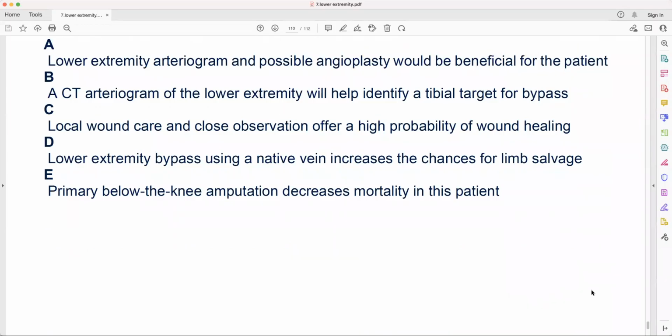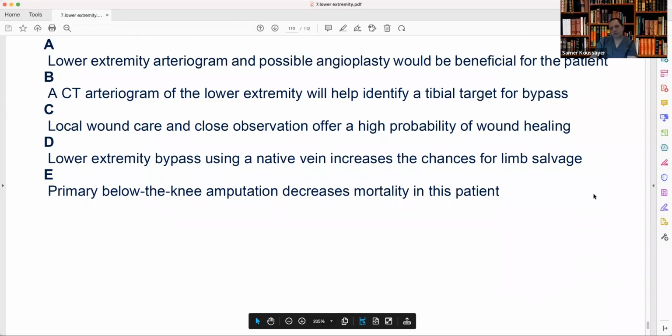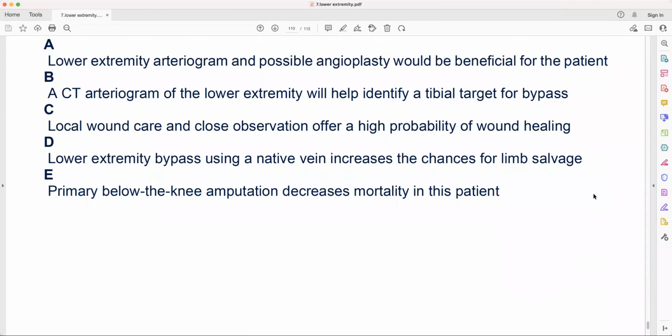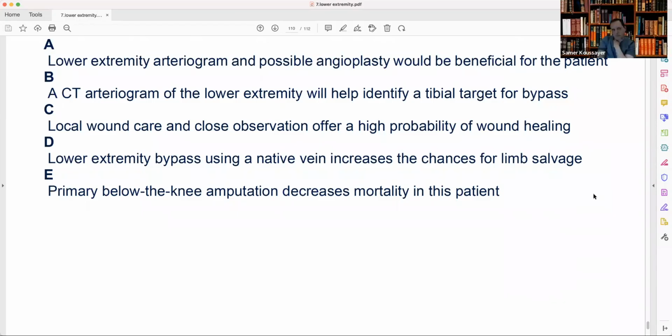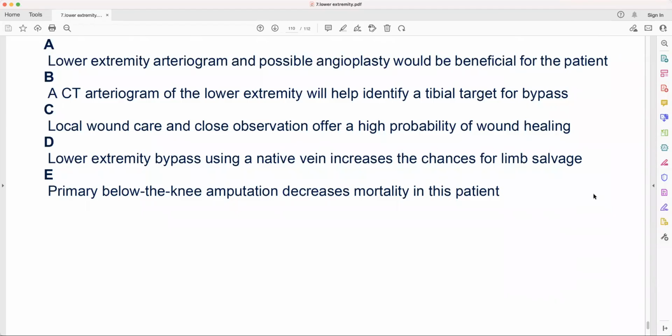We didn't decide to do a bypass or any procedure for him. C: local wound care and close observation offer a high probability of wound healing. Yes, we need to do wound care. D: lower extremity bypass using native vein increases the chances for limb salvage. No, we didn't decide to do any revascularization.